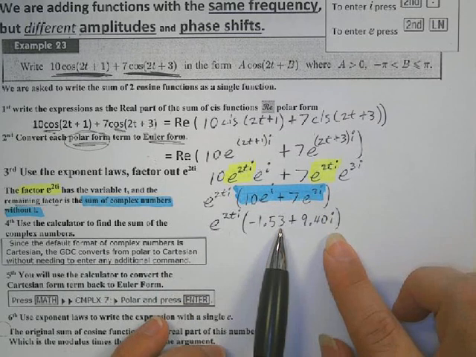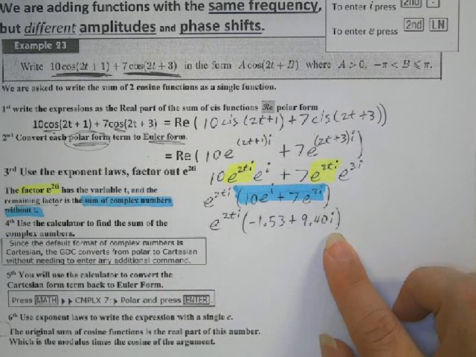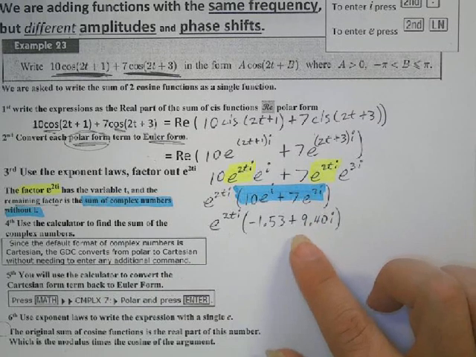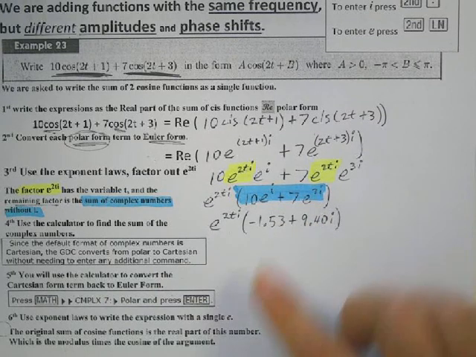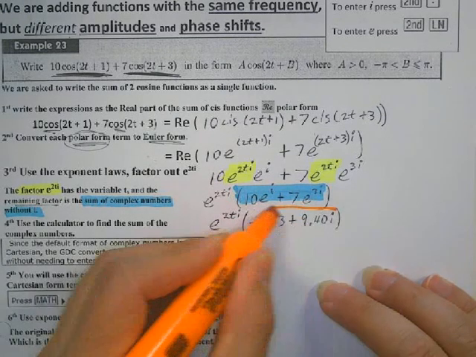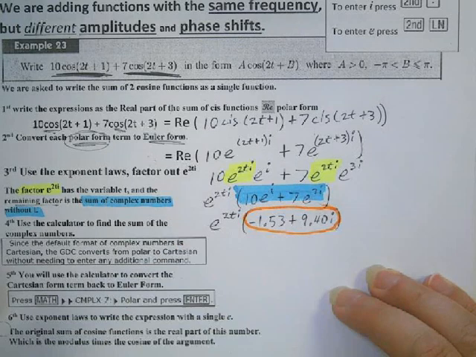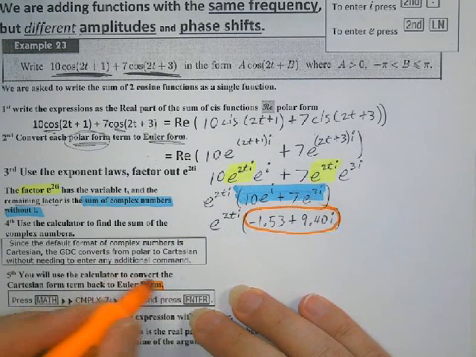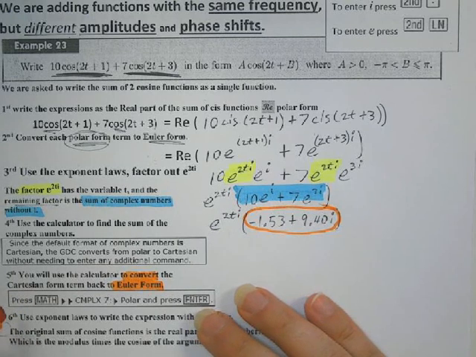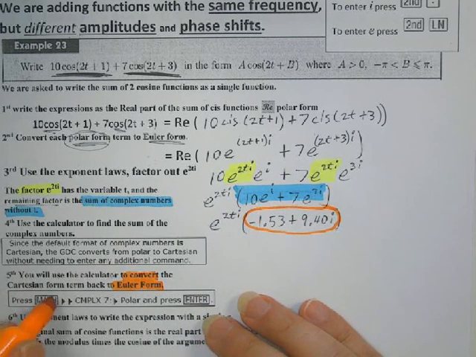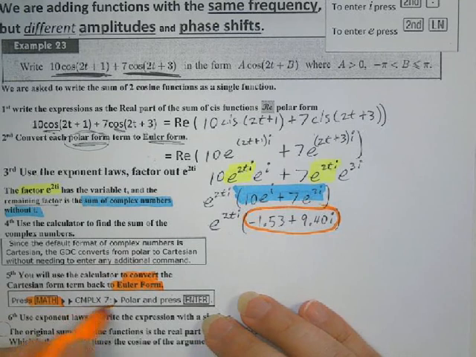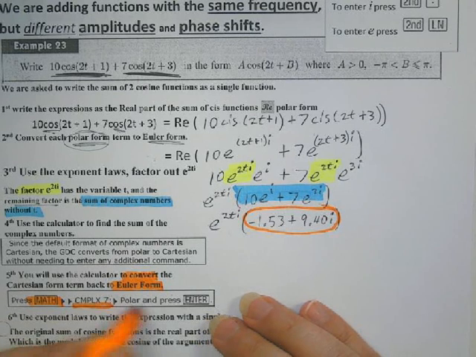Okay, so now to do anything with this, I need to convert this into Euler form. So in order to do that, I'm going to press math, this thing, and then press enter.